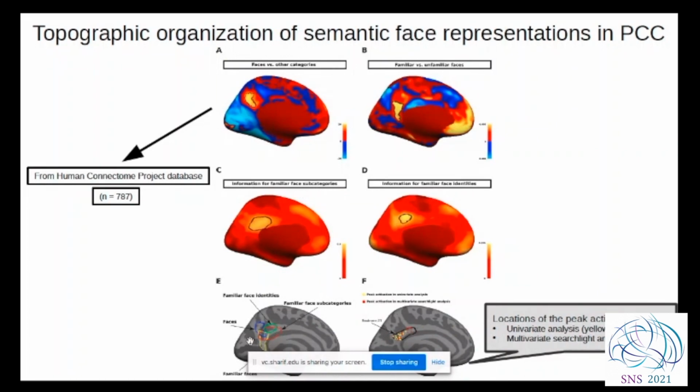And then we compared the location of these regions in this map. So as you can see, all four regions had a lot of spatial overlap, but also at the same time, the peak activation seemed to be shifted. So even though these regions are overlapping, they're also spatially distinct.